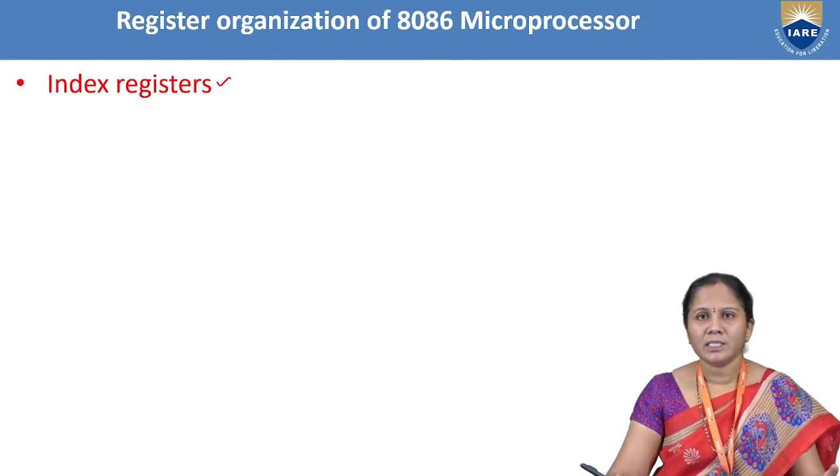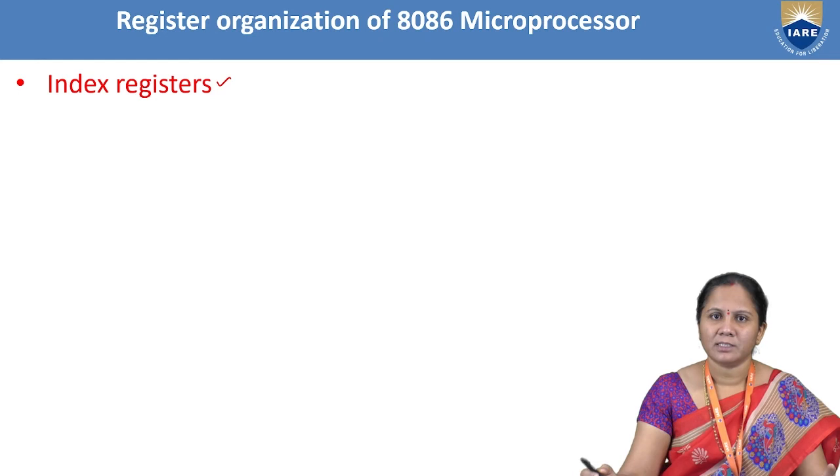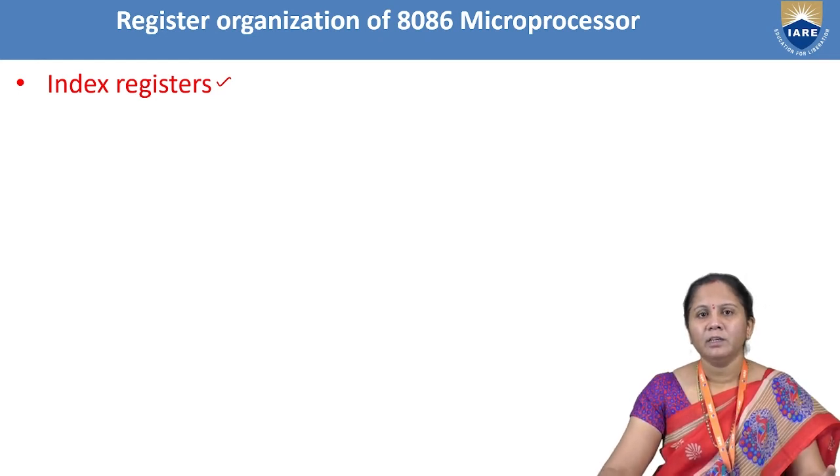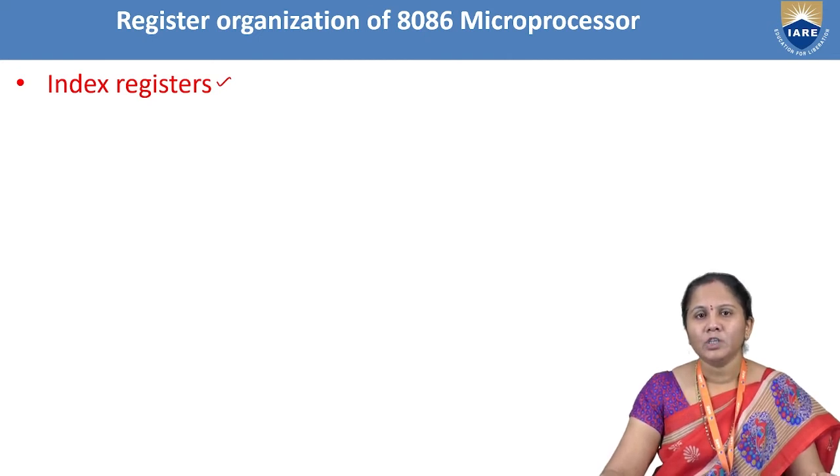The next category of registers available in the 8086 microprocessor is index registers. If you see the architecture of the 8086 microprocessor, a total of 2 index registers are available: SI and DI. SI represents the source index.